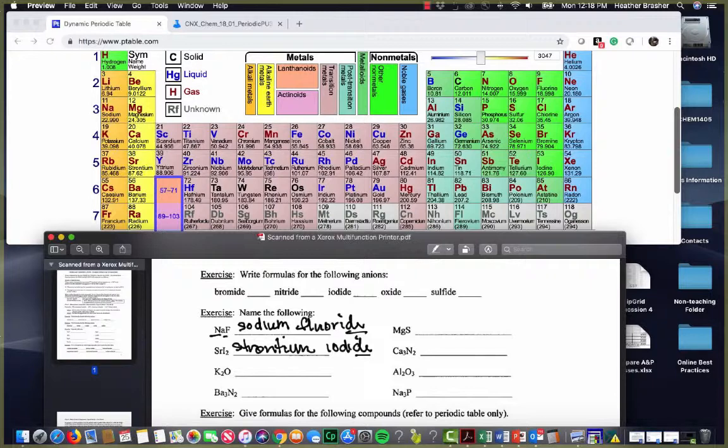For this next one, you'll notice that you have K, so that's here, which is potassium, and we're here, which is oxygen, so we're going to have potassium oxide.